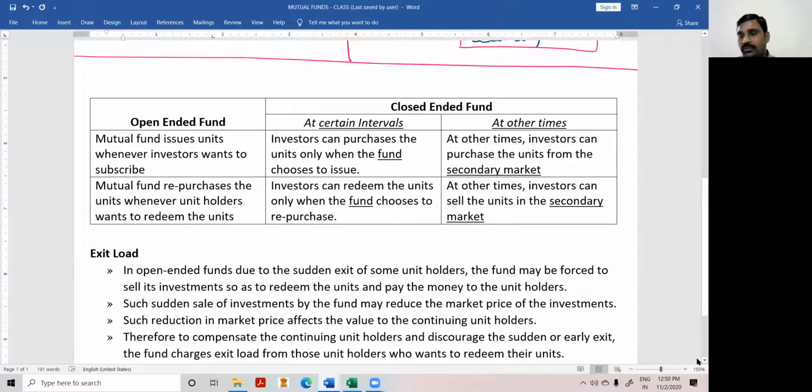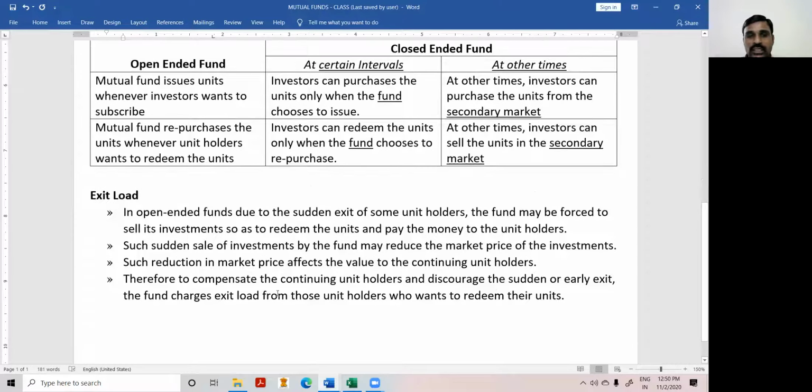So two purposes will be served by charging the exit load. One is, since the continuing unit holders are affected by the exit of some of the unit holders, to compensate. Remember the golden point: continuing unit holders will be affected by the exit of some of the unit holders.